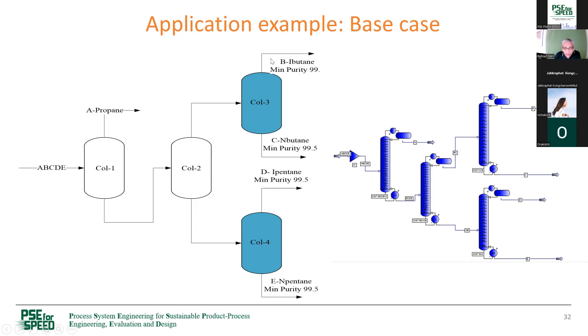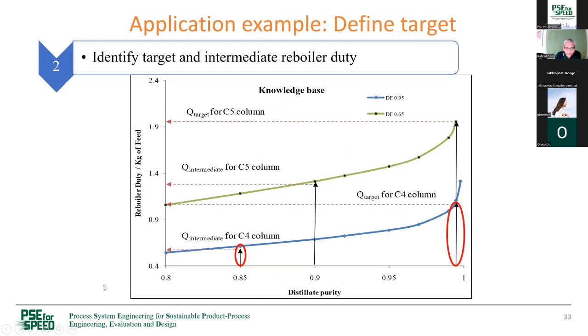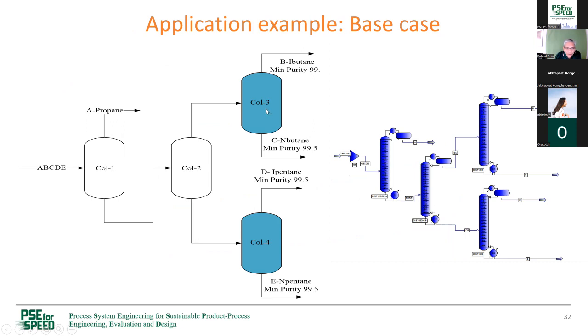If we want to reduce energy, we have to target these two. The blue curve is for column C4 separation. Just to be sure, this is column 3, this is column 4. C4 separation is column 3, C5 separation is column 4.